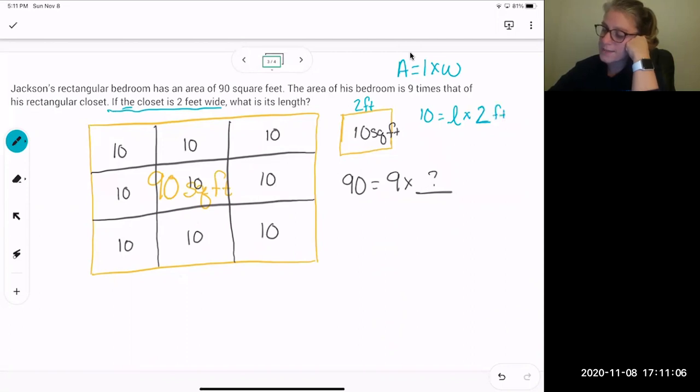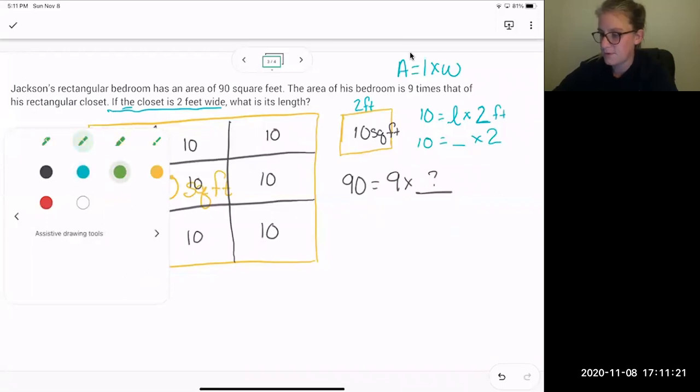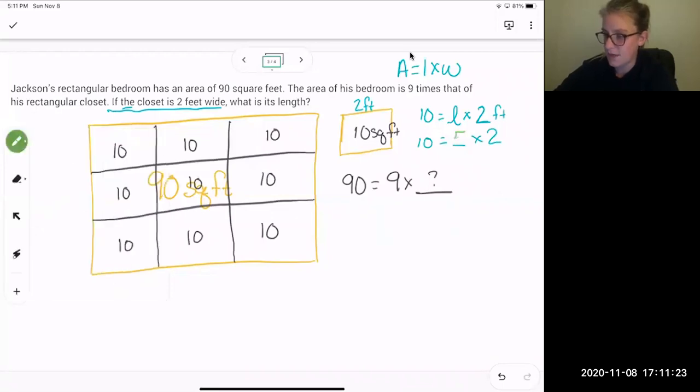Okay, so what times 2 is going to give us 10? 2, 4, 6, 8, 10. 5 times 2 is going to give us 10. So the length of this closet is 5 feet.